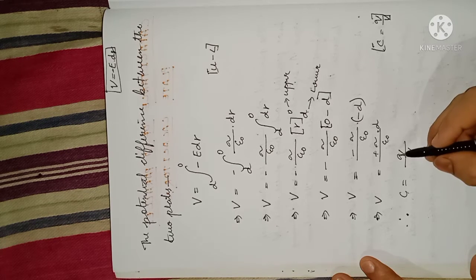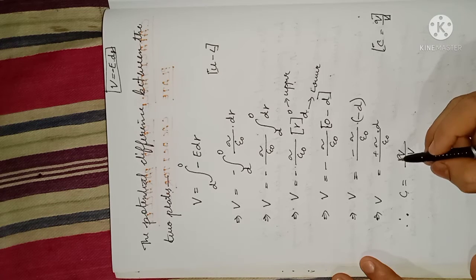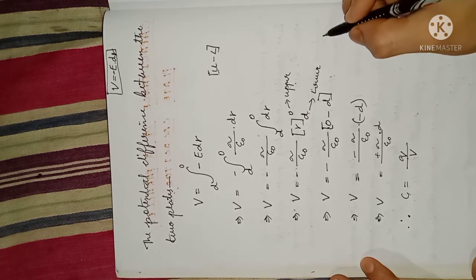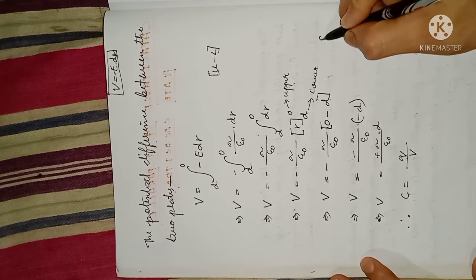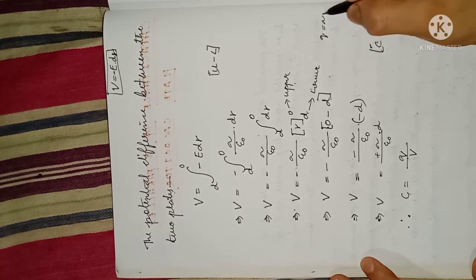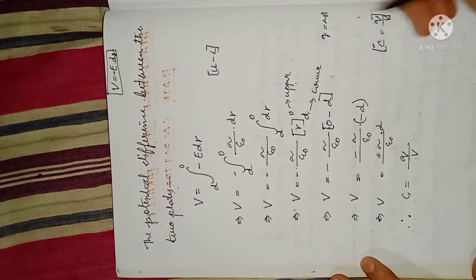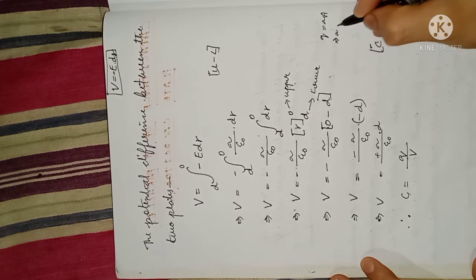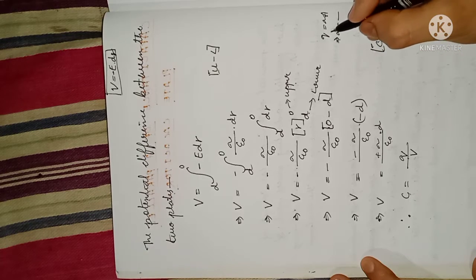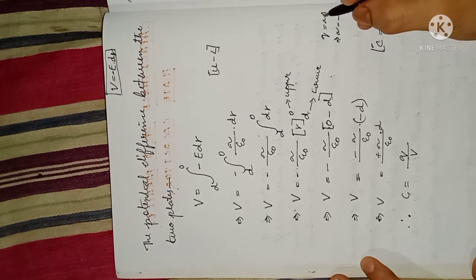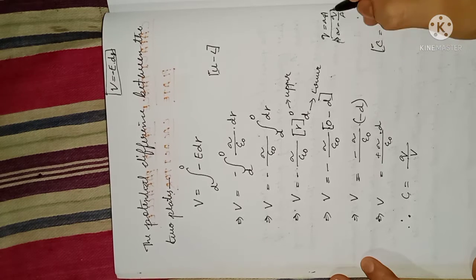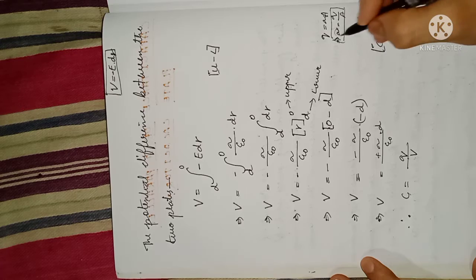We know that surface charge density sigma is equal to q by a, which we have already shown in chapter 1, or q is equal to sigma into a.